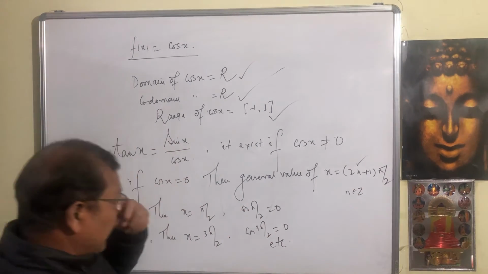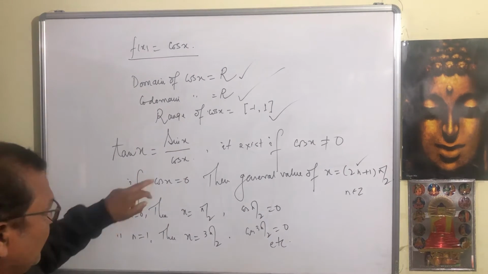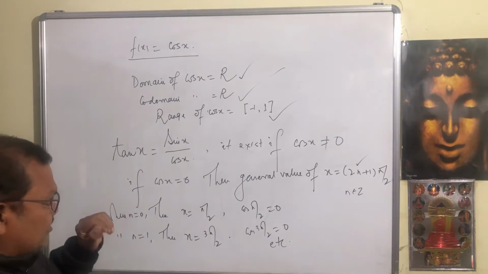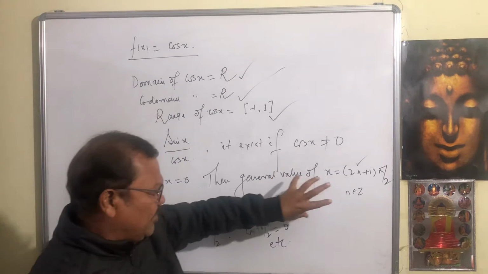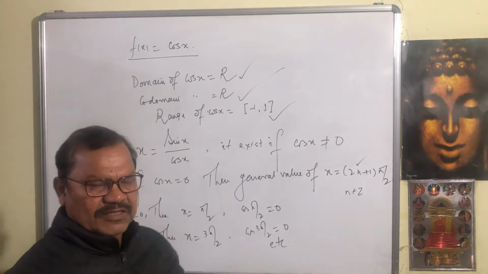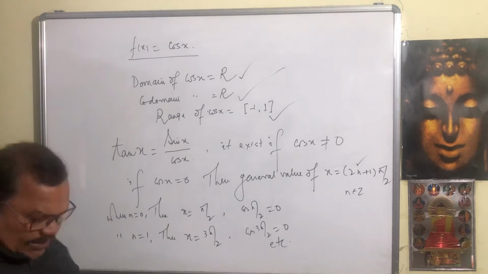So whenever we are finding the domain of tan x, we shall make certain restrictions. That restriction is what? We have to delete from the set of real numbers these angles.